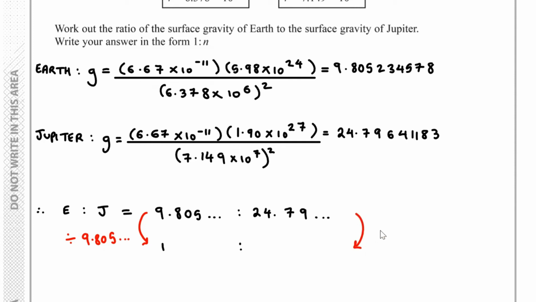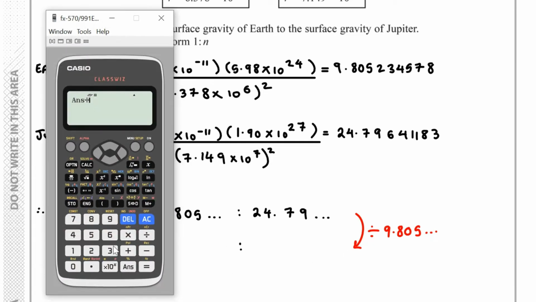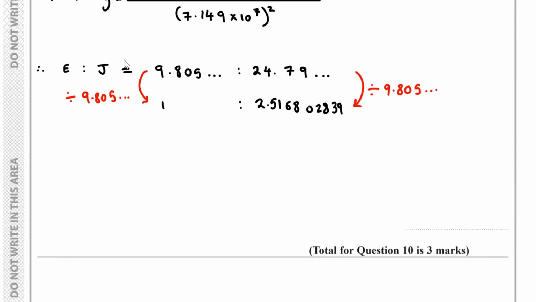So we will divide 24.79, etc., by 9.805234578. So it turns out here we get a value of 2.516802839. So therefore we've got 1 to 2.52 to 3 significant figures.